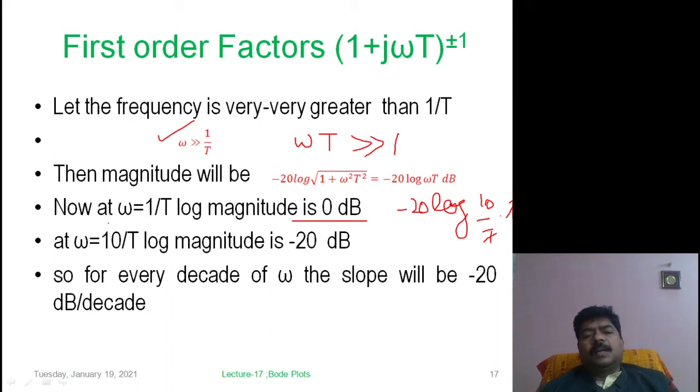So if the frequency is low, up to omega equal to 1 by t, it will continue to contribute 0 dB, and after that it will contribute a minus. Here the slope for this factor, 1 upon 1 plus j omega t, is the change per decade in dB, which is minus 20 dB. So the slope will be minus 20 dB per decade.